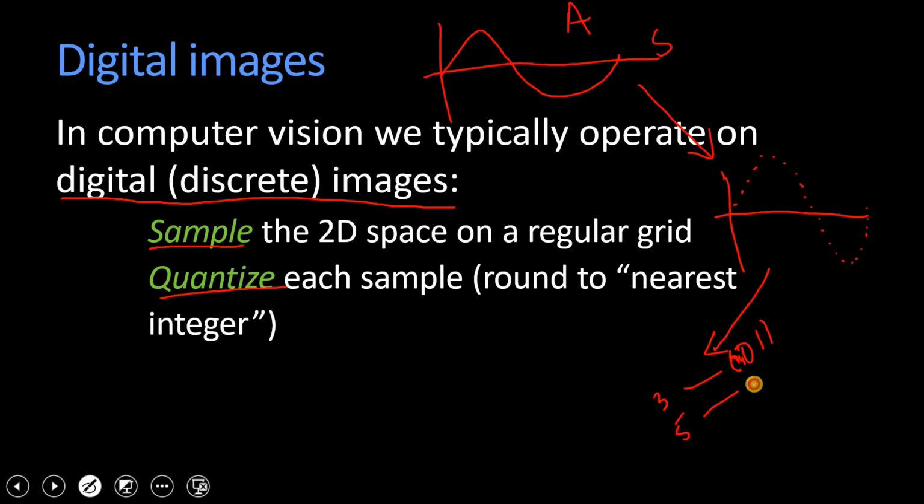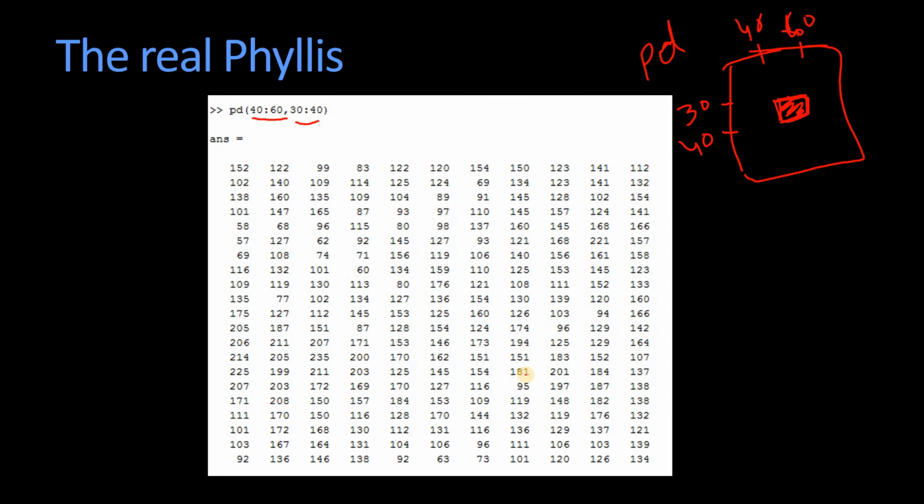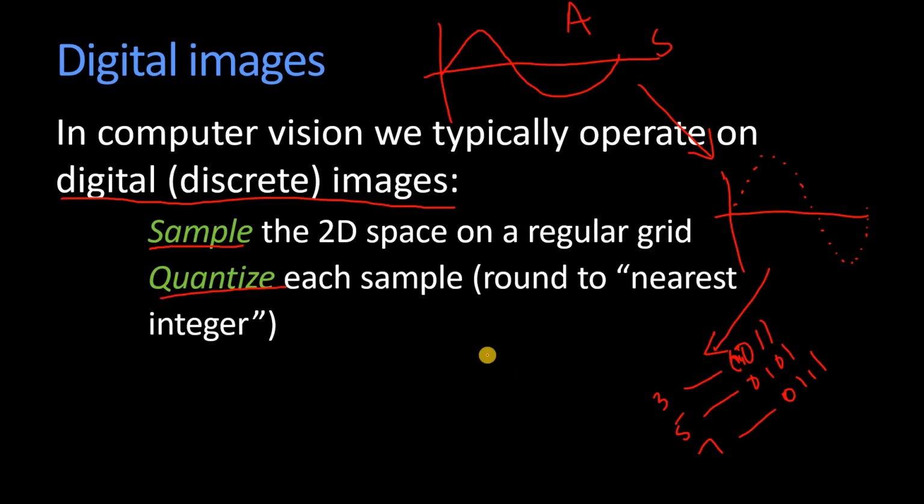So 5 will be 0, 1, 0, 1. Then the next value is 7, maybe, just an example, and so on. You will keep on doing this for all the values. First you sample them and then you round them off to the nearest digit. So this is how it works.